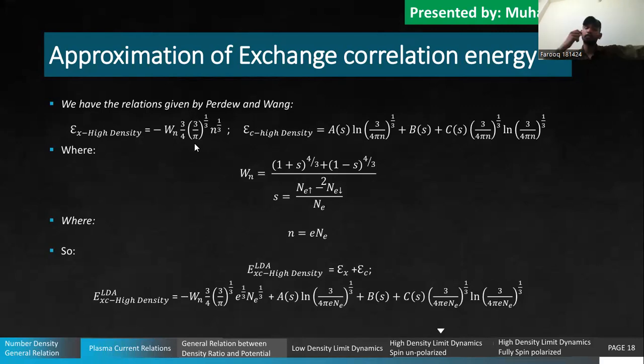Now what is this Wn? The concept behind it is that when we use the low density limit dynamics, we ignore the spin effects of electrons, because electron spin effects do not contribute much to the potential in the low density limit dynamics. But when we are dealing with the high density limit dynamics, the spin effects of electrons are very contributable.